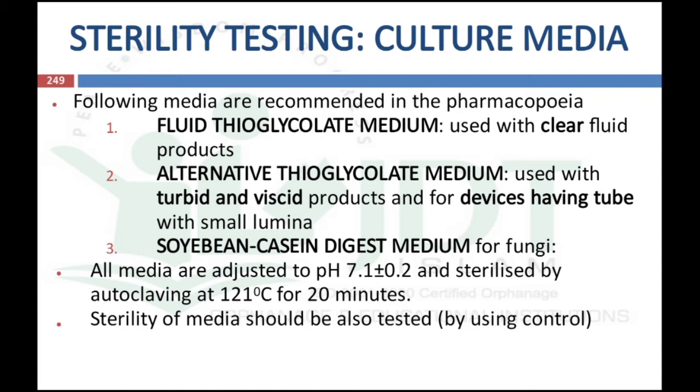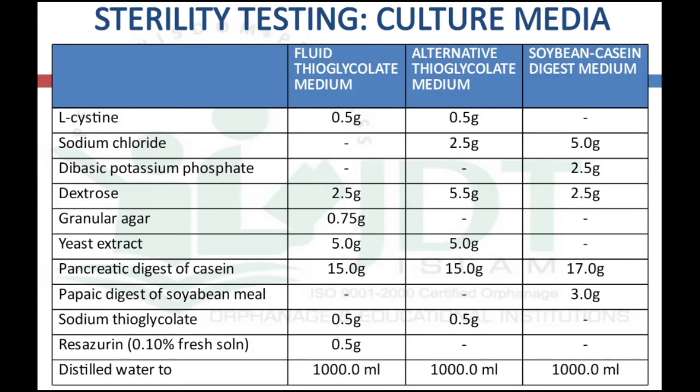And we have to perform sterility testing of the culture media also, in order to assure that there is no contamination in the prepared culture media. So this is the composition of different culture media. Fluid thioglycolate media can be prepared by using L-cysteine, dextrose, granular agar, yeast extract, pancreatic digest of casein, sodium thioglycolate and resazurin, and distilled water up to 1000 ml.